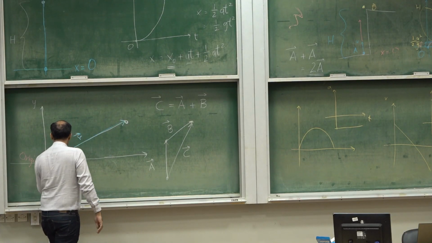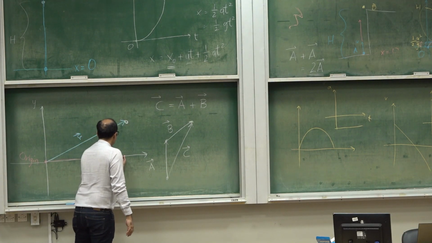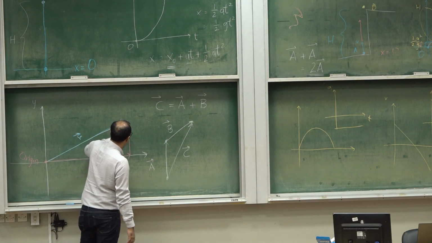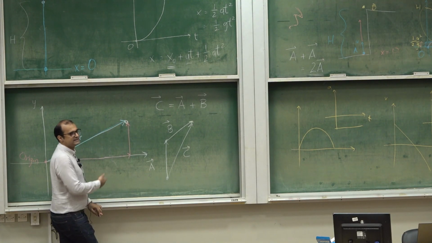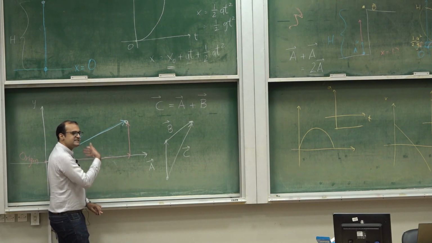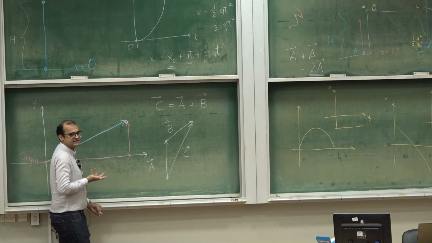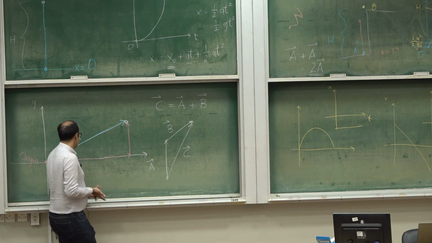One of these arrows lies along the x-axis, the other arrow is parallel to the y-axis. Essentially, one arrow is in the same direction as the x-axis, the other arrow is in the same direction as the y-axis that I've set up.